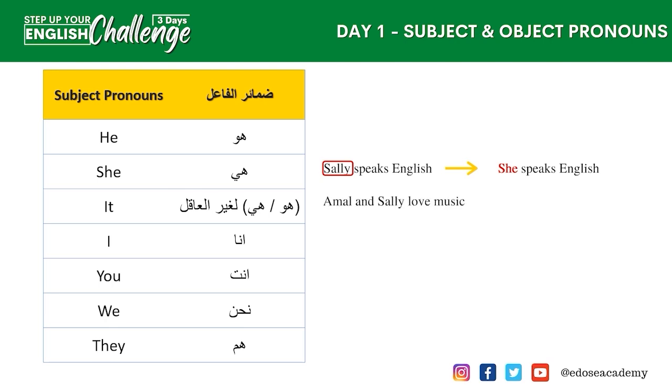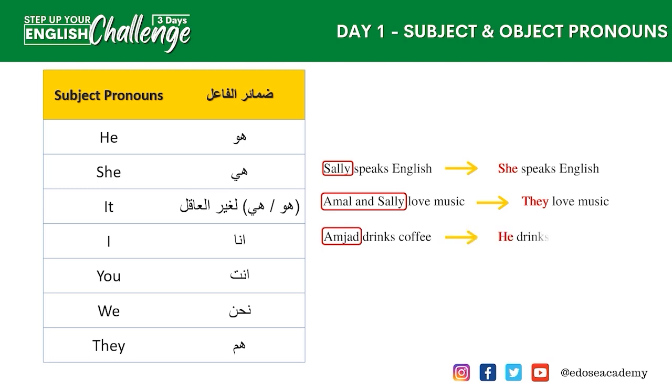Another example. Amal and Sally love music. Now, Amal and Sally, they are 2 people. So, we will say they love music. Amjad drinks coffee. Amjad is a man.